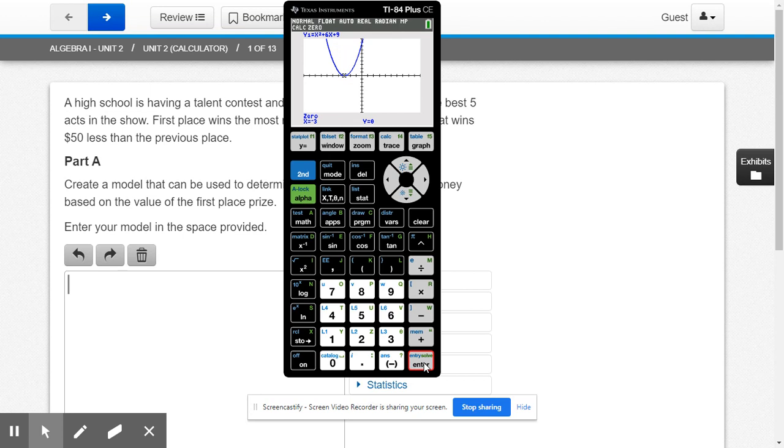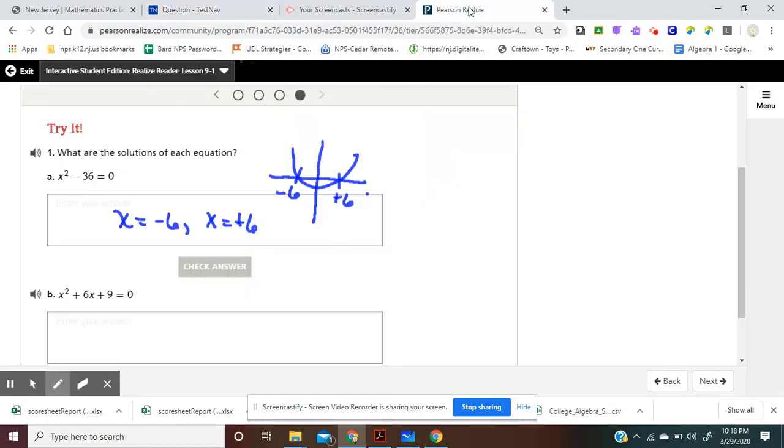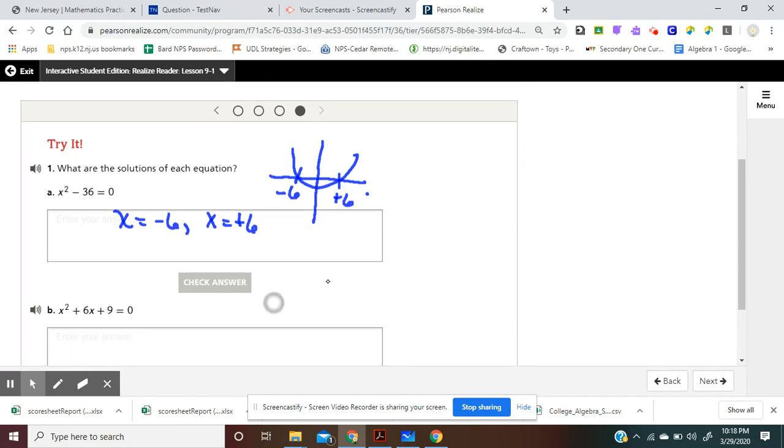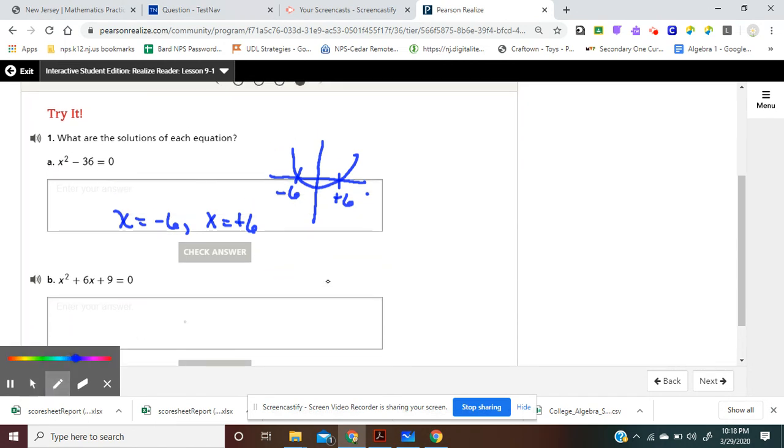And it looks like my solution's at x equals -3. So I'm going to go back. And here, I could do a quick little sketch. Oops, let me make sure I put that on. I do a quick little sketch. And I know somewhere at -3. So x equals -3 is my solution.